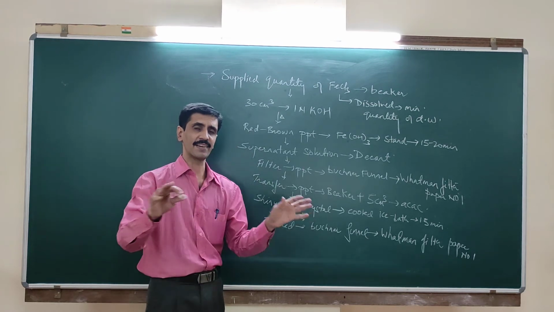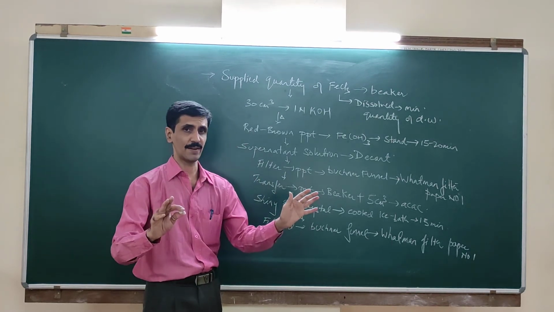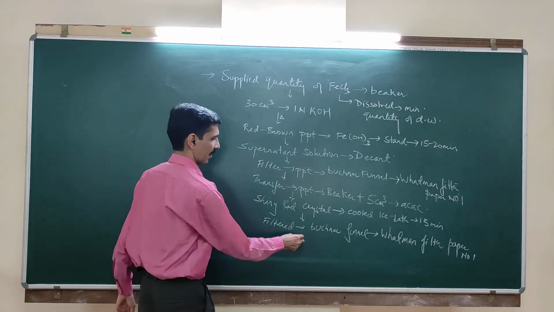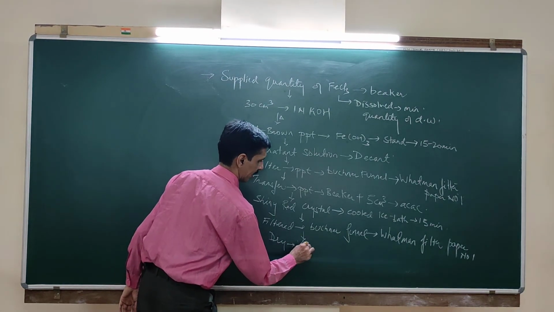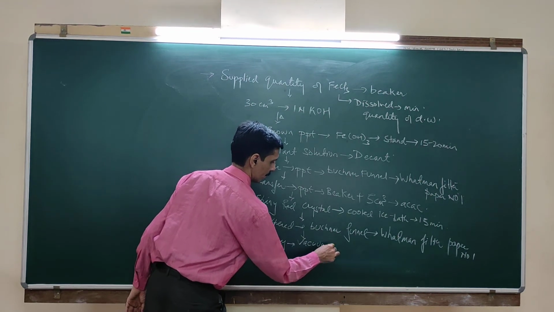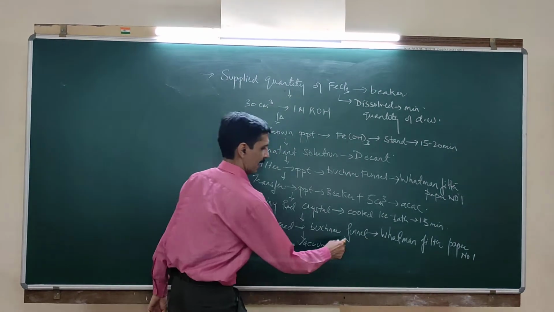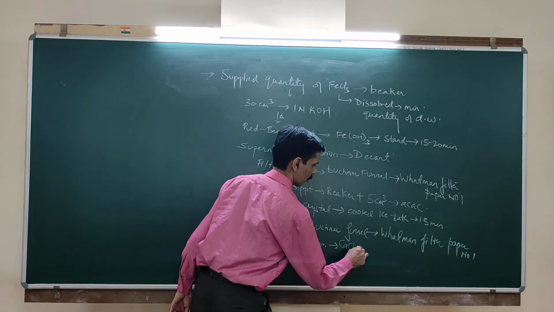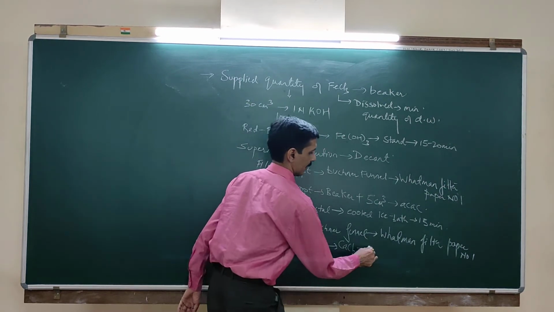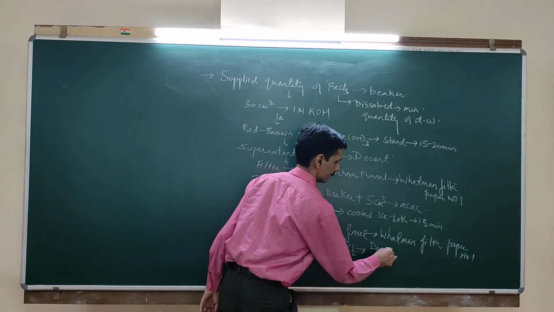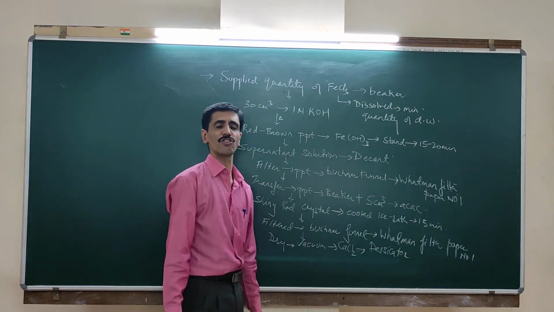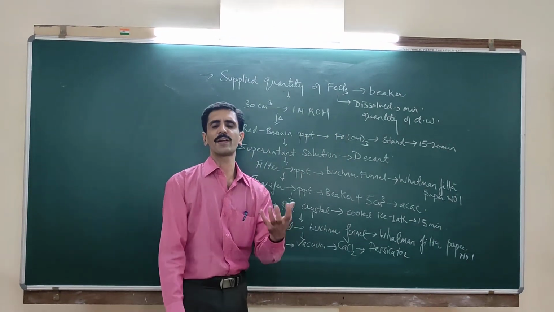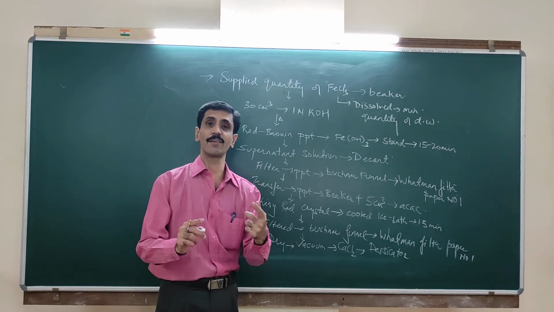Once the washing is done, the next step is drying. You need to dry it in vacuum over calcium chloride, which is going to be present in a desiccator. So that is going to absorb all the moisture present in this particular sample.